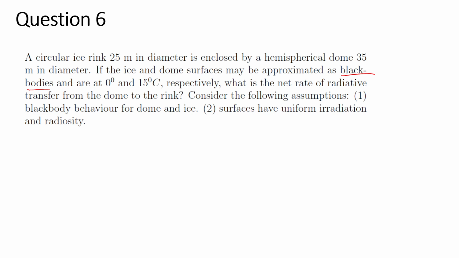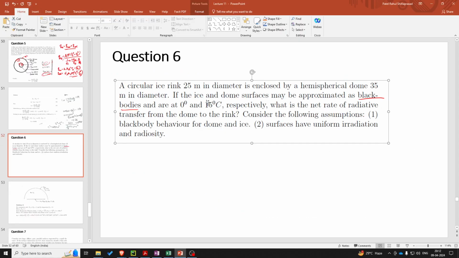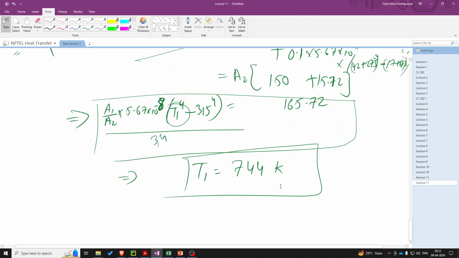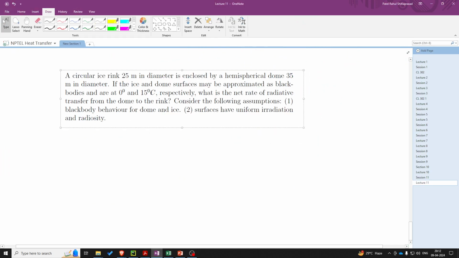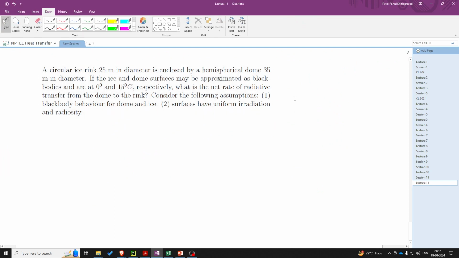And then we have been asked to consider them as black bodies. So for this system, we have been asked to find the net rate of radiative heat transfer.